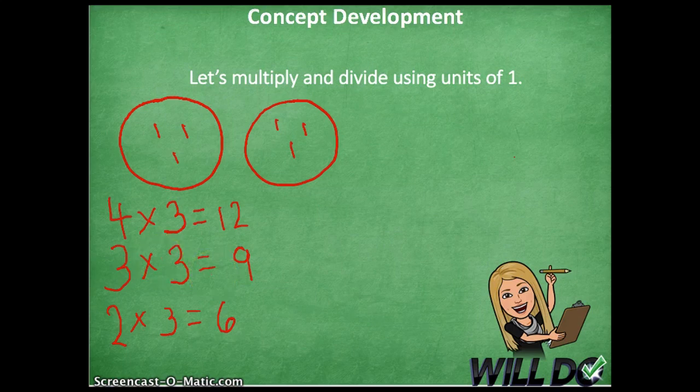Starting to see a pattern here. Again, read your equation to your learning guide. And then we're going to take away another group and write the equation again.